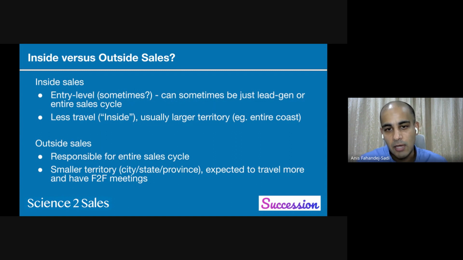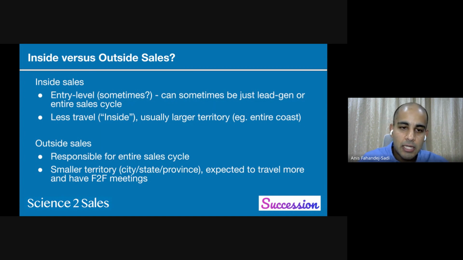So this comes down to read the JD, figure out what they actually want. There's also less travel involved, hence the word inside, right? You're inside a building probably. Might be home, might be an office. And because of this, typically you have a much larger territory, like you might have the entire coast or an entire country to cover because you're working on the inside.